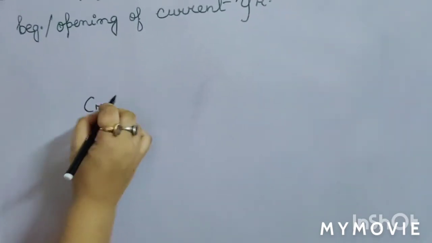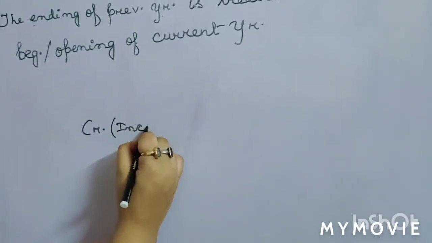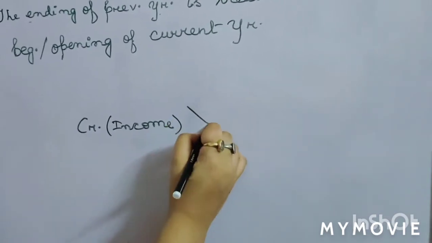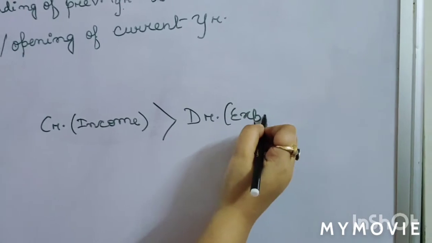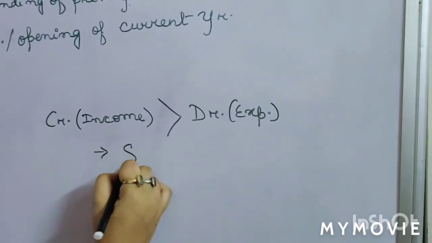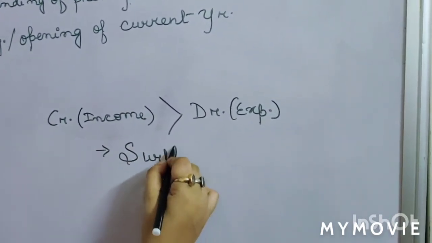In this case we can see that the credit side, that means our income side, is greater than our debit side, that is the expenditure side. This means that there is surplus.